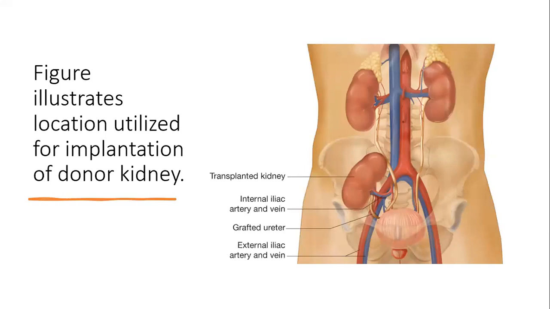You can see the origin of the main kidney in the flank, but the transplant kidney is in the pelvis. So we can anastomose the renal artery and renal vein to the pelvic vessels, and the ureter to the bladder directly.